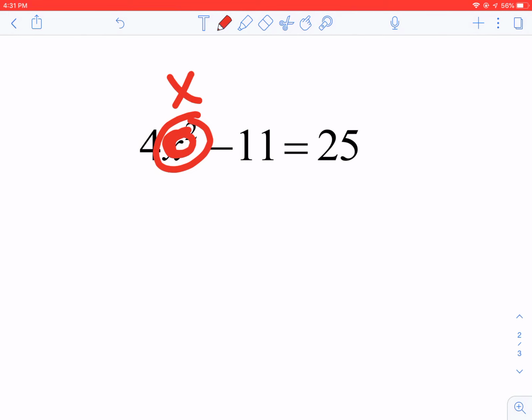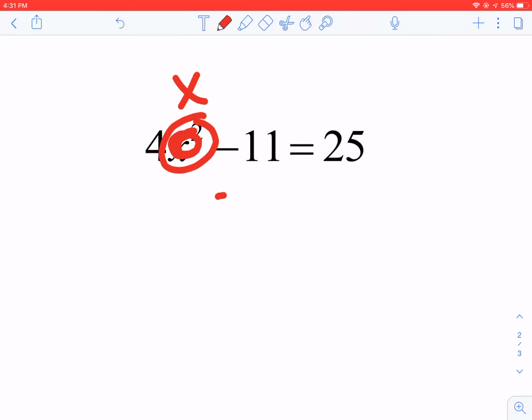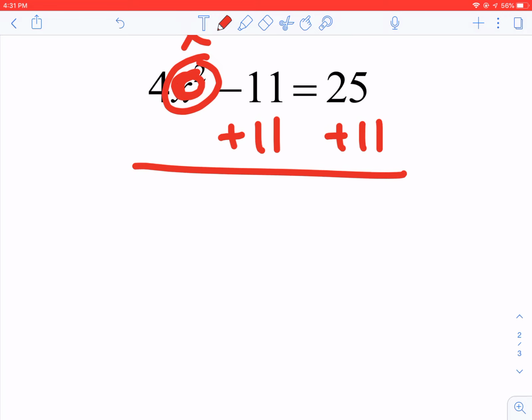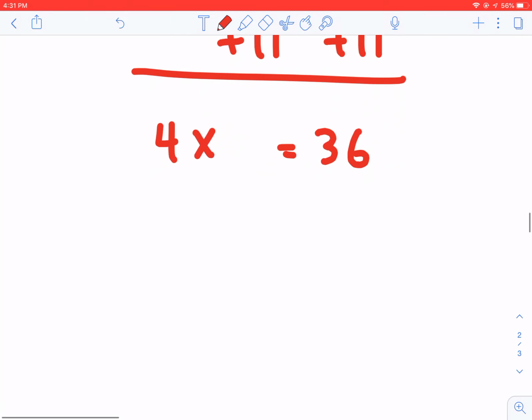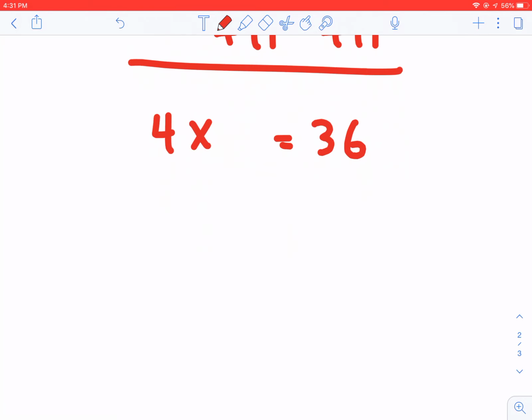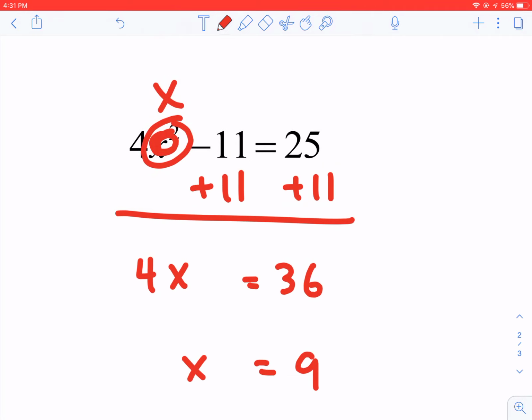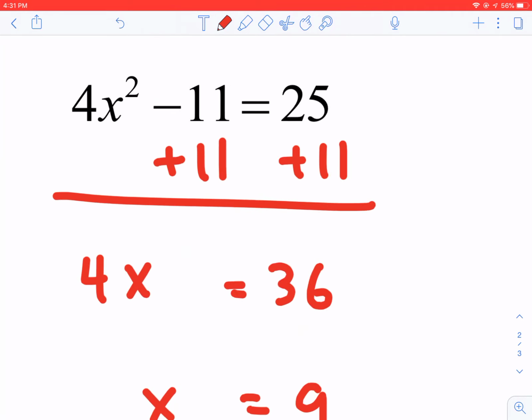If the question were 4x minus 11 and you wanted to solve for x, well, wouldn't you add 11 to both sides? And then we would get 4x equals 36. And then wouldn't you divide both sides by 4 and get x equals 9? So that's the exact same thing we're going to do here, except it's not an x, it's an x squared.